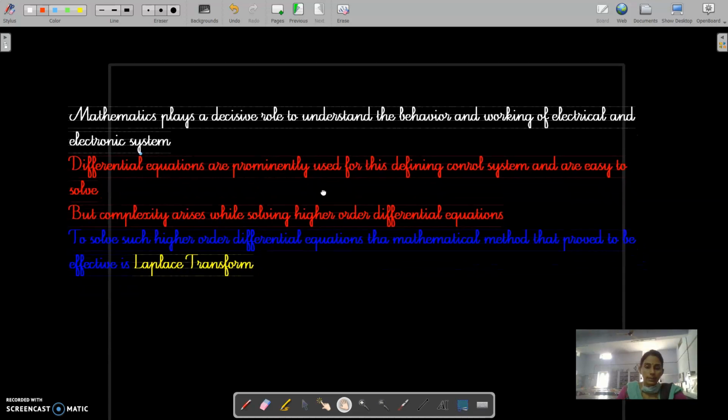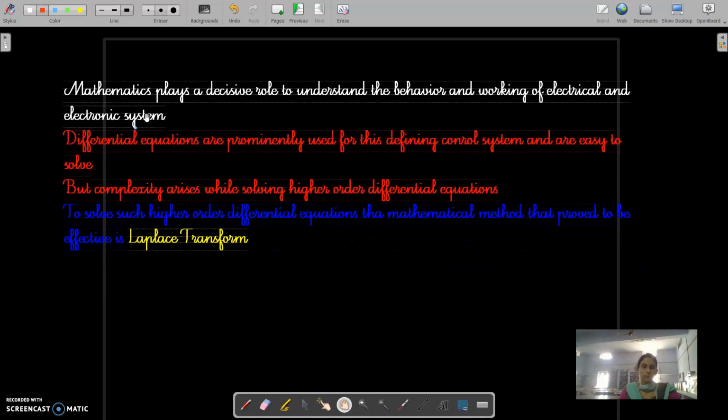Let's consider what the application is here. Mathematics plays a decisive role in understanding the behavior and working of electrical and electronic systems. Differential equations are prominently used for defining control systems and are easy to solve, but complexity arises while solving higher order differential equations.